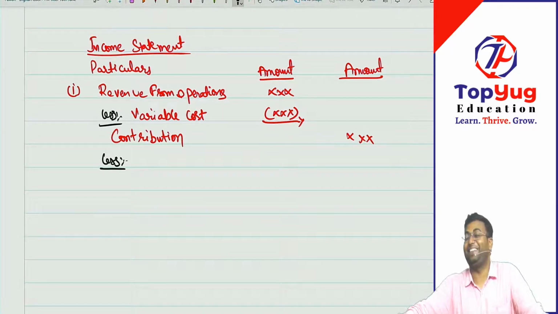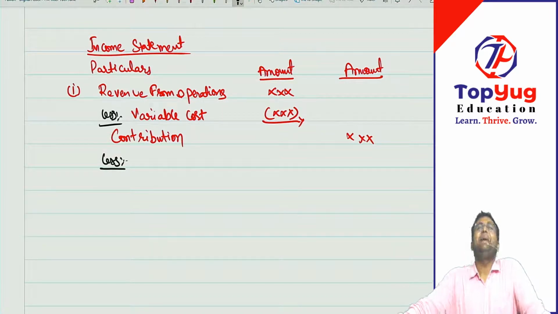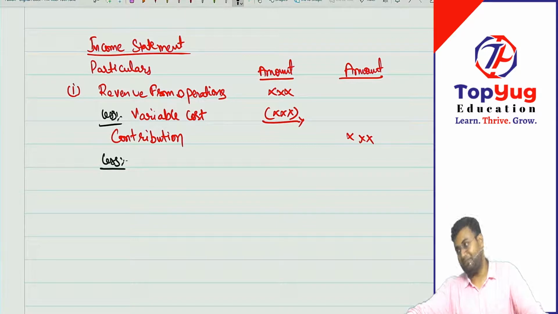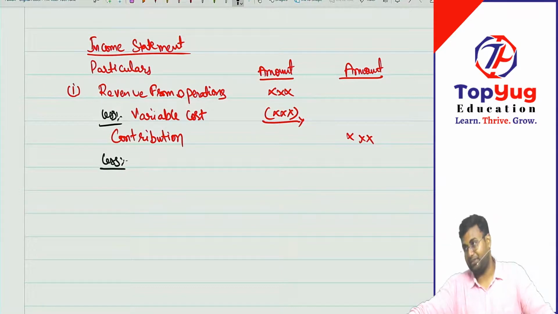I would say if only variable costs are there but not fixed cost, even then it is not possible. Yes, even then it is not possible, right? But there is one important thing to understand.